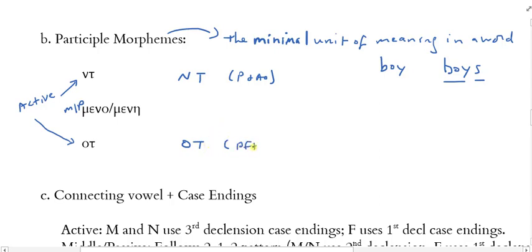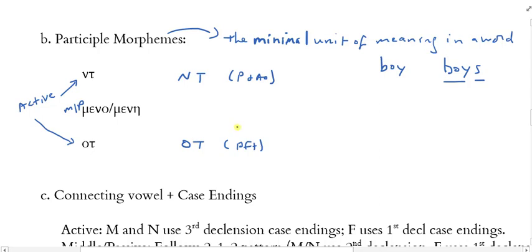Omicron tau is used for the perfect active. If you know anything about the Greek verbal system, the perfect tense is actually a lot less frequent than the active and the present and the aorist. So it sort of maps onto the fact that many of our churches use the Old Testament much less frequently than they do the New Testament, right?